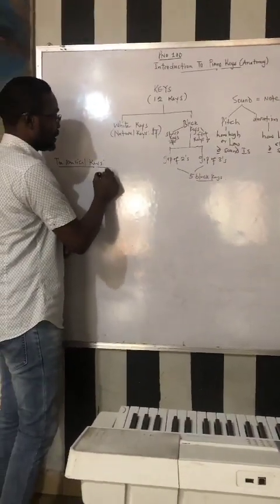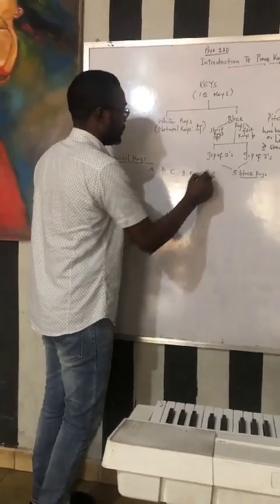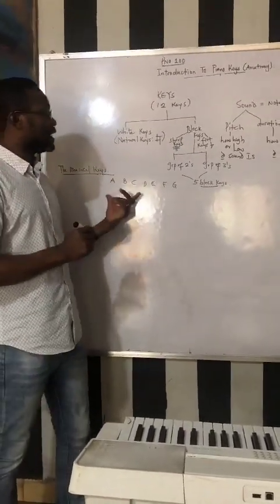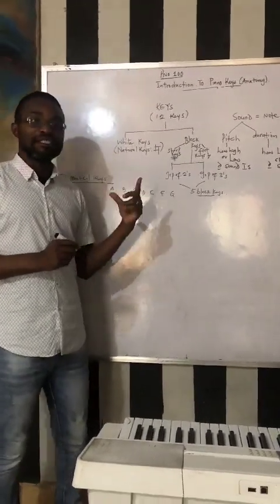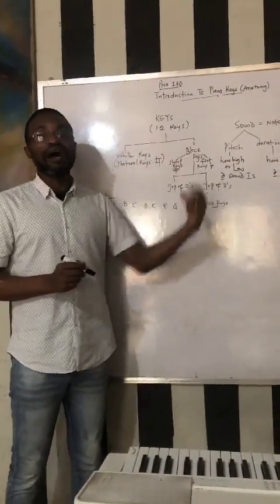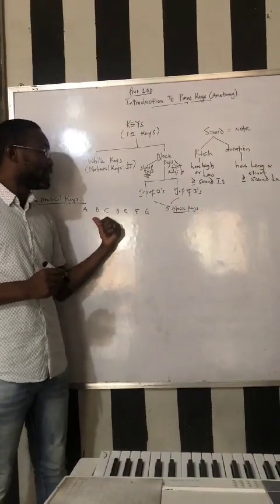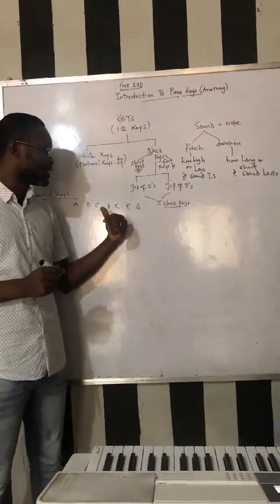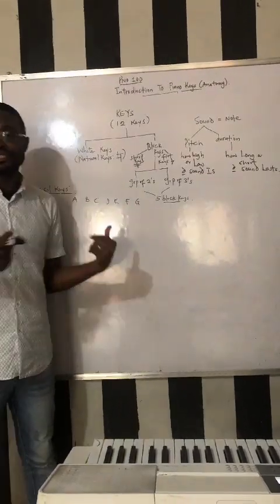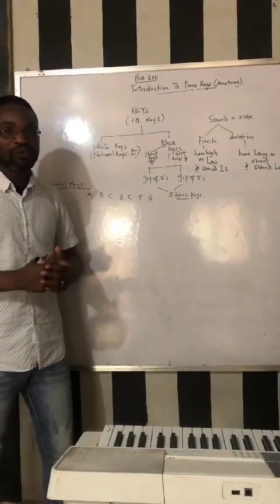and that is A, B, C, D, E, F, G. 1, 2, 3, 4, 5, 6, 7. And these names here, please again keep in mind, they represent sounds of definite pitch. An A sound, a B sound, a C sound, a D sound, an E sound, an F sound, a G sound. It's the same thing as saying A note, B note, C note, and so on and so forth.